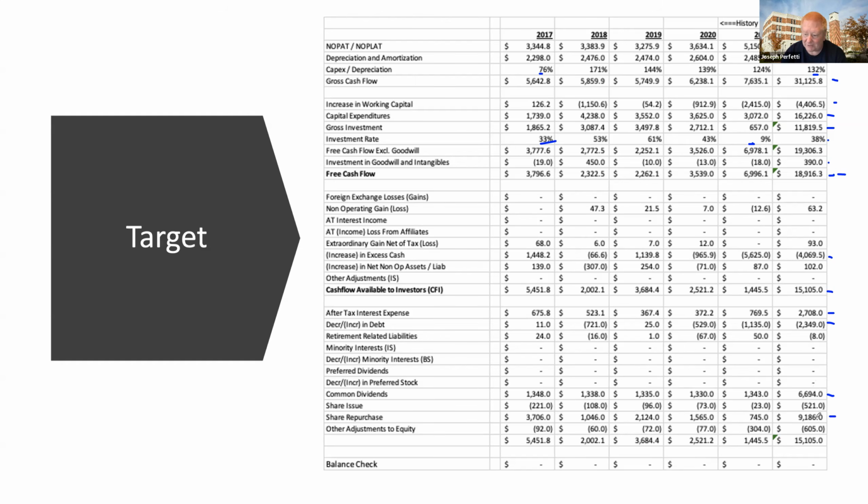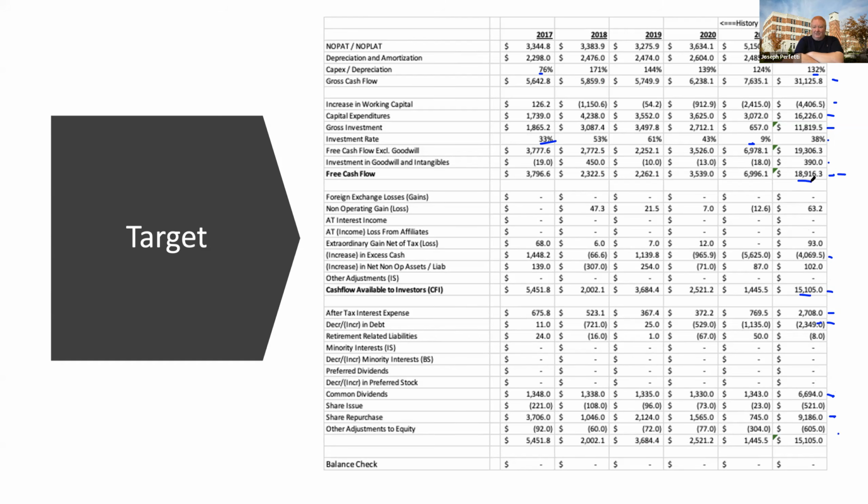6.6 and 9.2 is basically $16 billion worth of cash returned to shareholders. 15 billion of CFI and 2 billion of debt got me the $16 billion that I gave to the shareholders. But mostly Target's cash to the shareholders primarily came from the CFI, and all of that cash was free cash flow. So I'm going to look at Target's share repurchase slightly differently than Starbucks.